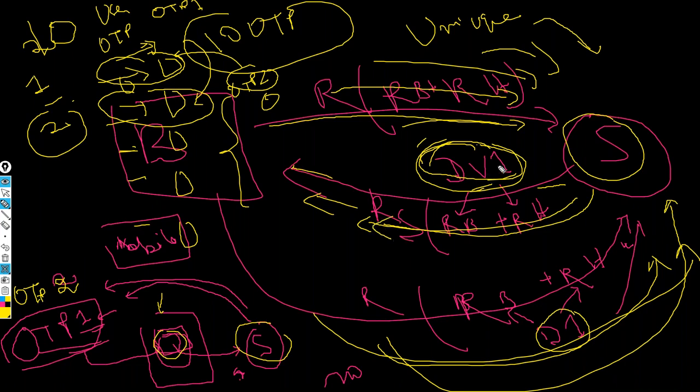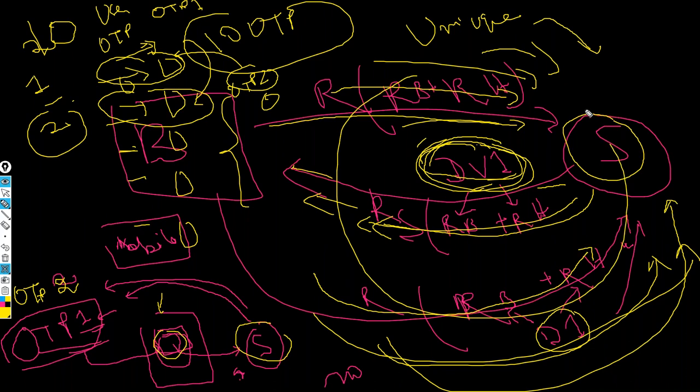With that response, each one will get their own unique dynamic value from the server, and they have to send that unique dynamic value back to the server in the next request.